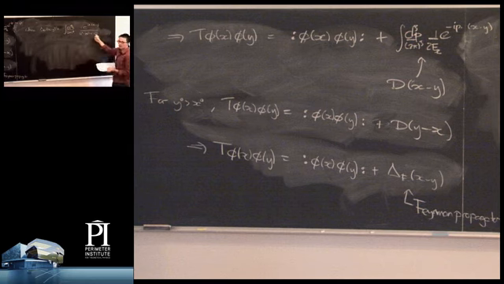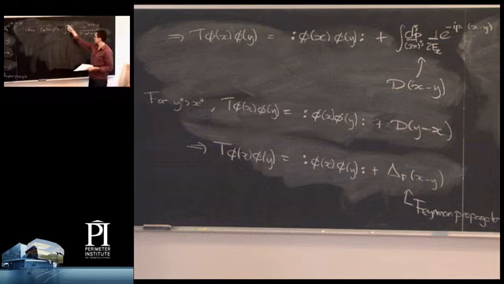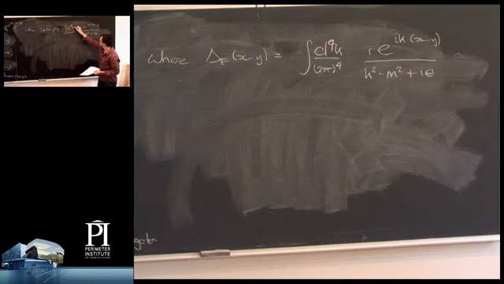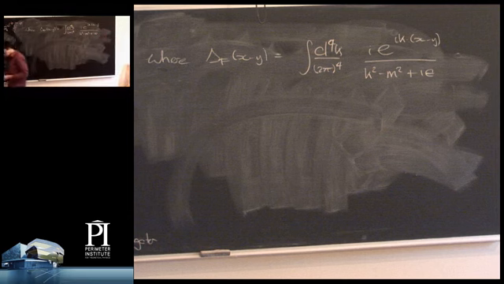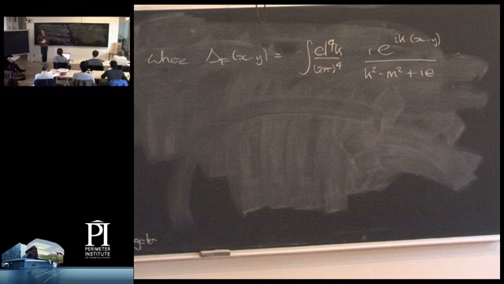Remember, this plus i epsilon is just there to remind us that we do this strange contour that dips over one singularity and under another singularity when doing the k0 integral. Okay? Are there questions about this?